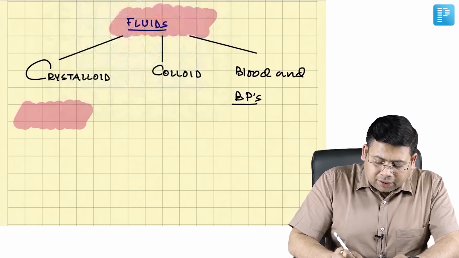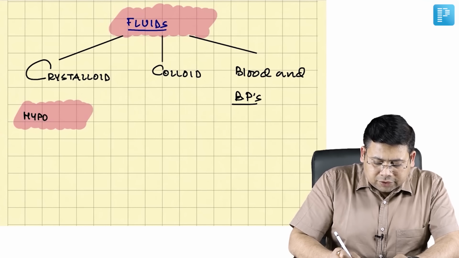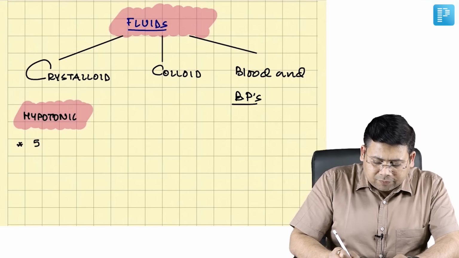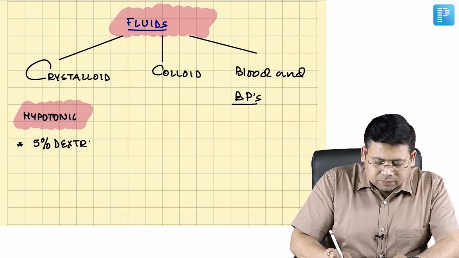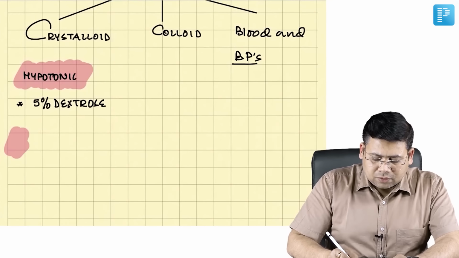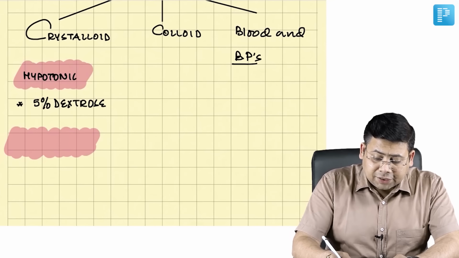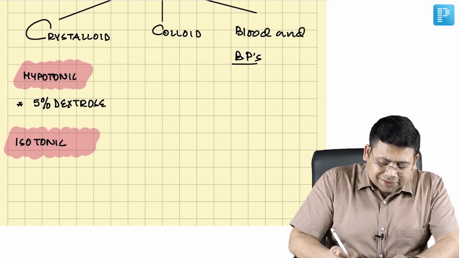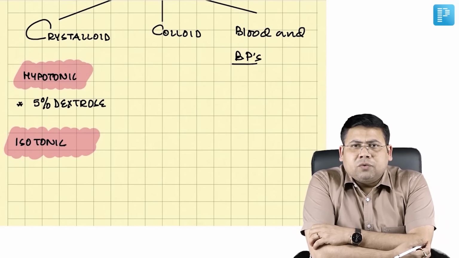Either it could be hypotonic fluids. If we talk about hypotonic fluid, the first that we have is 5% dextrose. The next that we have is isotonic. So tonicity or the osmolarity is equal to that of what?